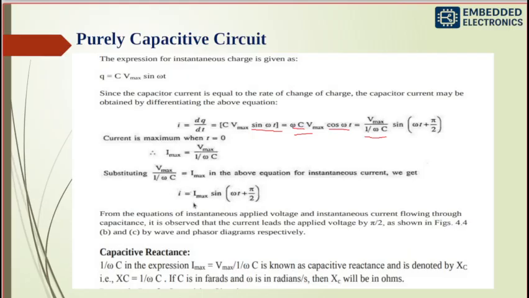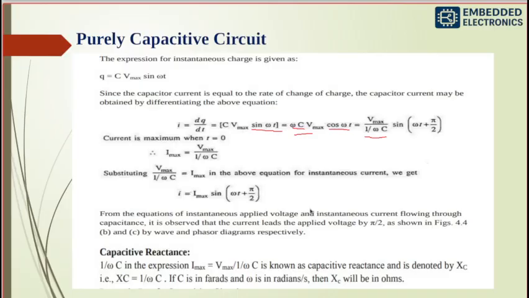Here what you can observe is that current leads the applied voltage by 90 degrees. In the previous purely inductive circuit, current is lagging, but here current leads the applied voltage by pi by 2.